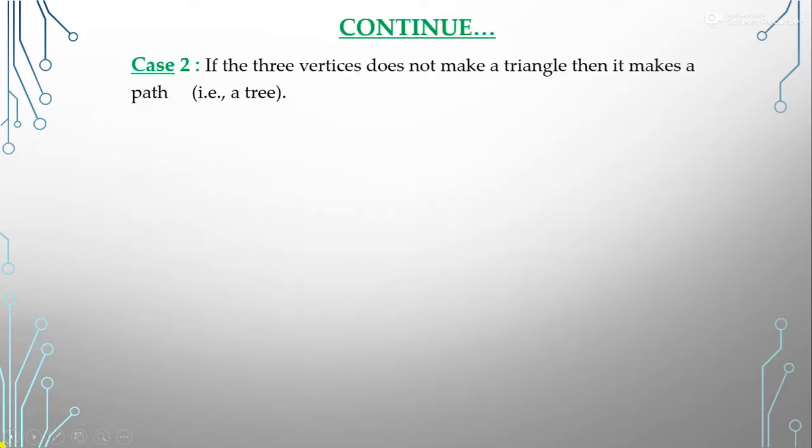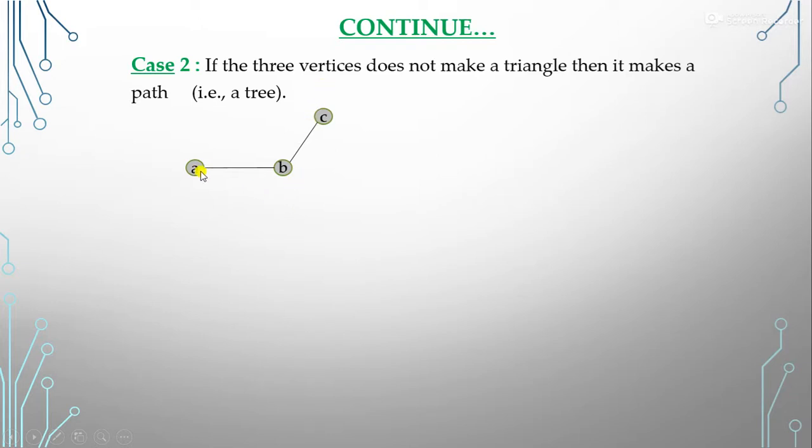Now the second case, suppose these do not form a triangle, so it makes a path like a tree. If this does not form a triangle, it has a structure like a tree. So how do we color this? C1 is already 0 here, because one color is not sufficient for this.